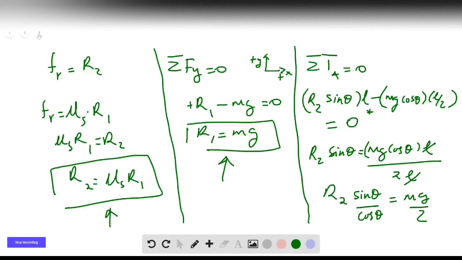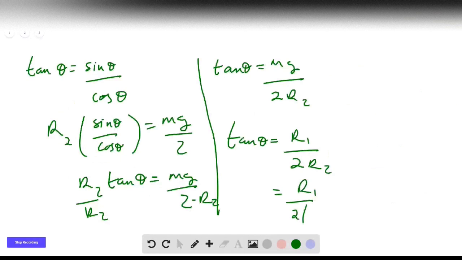So then we have R1 over 2 mu s R1. This is the coefficient of static friction. These two are going to cancel out. So we end up having tangent of theta being equivalent to the reciprocal of twice the static friction.